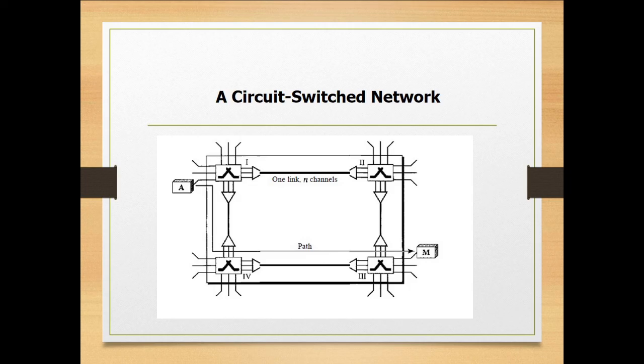Switch 1 finds a channel between itself and switch 4 that can be dedicated for this purpose. Switch 1 then sends the request to switch 4, which finds a dedicated channel between itself and switch 3. Switch 3 informs system M of system A's intention.